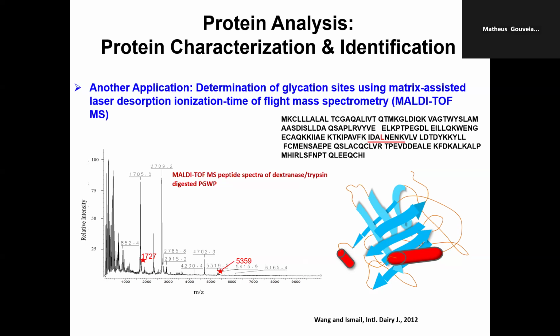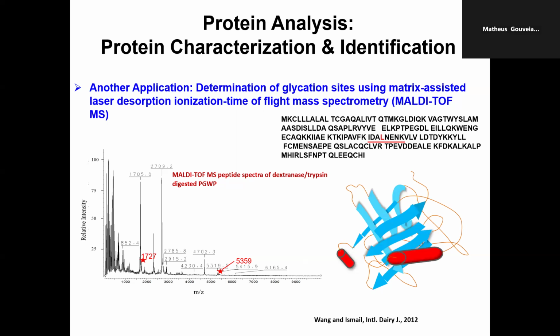hydrolyzed the maltodextrin because you have maltodextrin attached. We wanted to break off the maltodextrin so that you only have one glucose or two glucose attached to your protein. And then we did trypsin hydrolysis and we identified this peptide, and there is a lysine in this peptide based on the increase in molecular weight that matches one glucose.